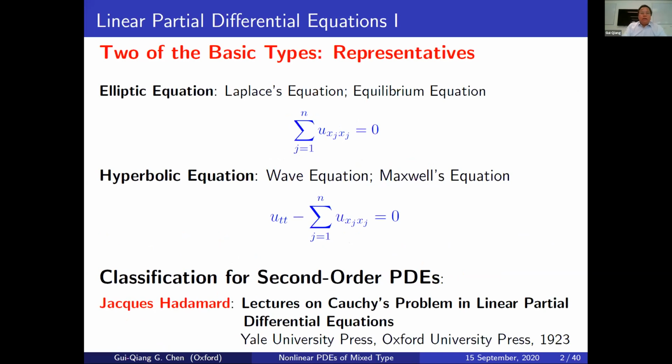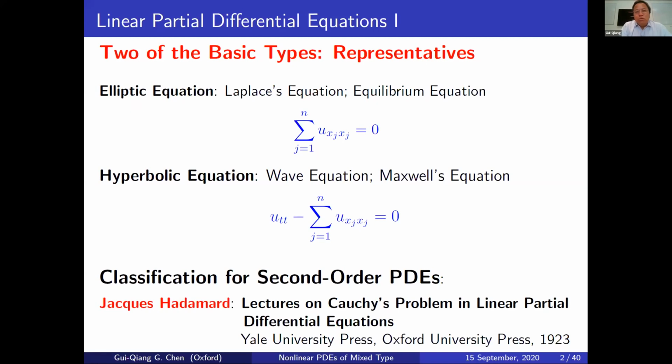It's well known, of course, that there are two basic types of linear partial differential equations, elliptic type and hyperbolic type. The typical representative for hyperbolic equations is the wave equation, which describes wave propagation. And for elliptic equations, it is the Laplace equation, which describes the equilibrium state.